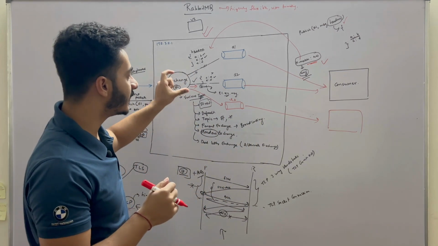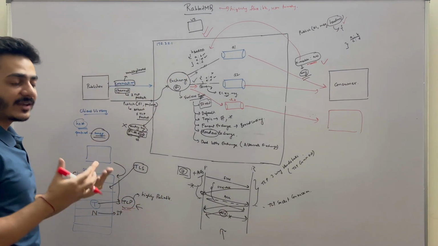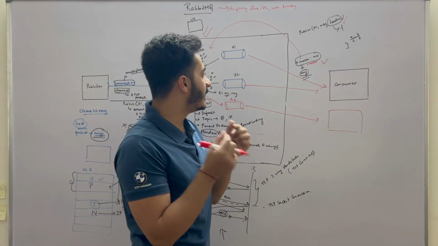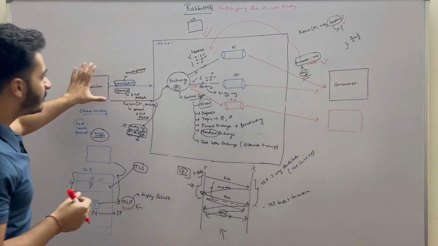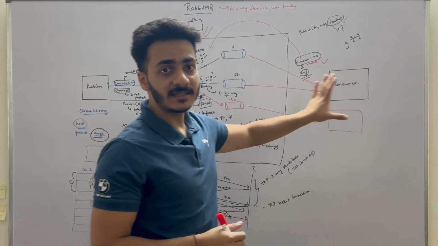Because for handling the point of failure at each point, RabbitMQ provides various configurations which you can set in order to make sure that the message from the publisher actually reaches the consumer. So we will see that now.